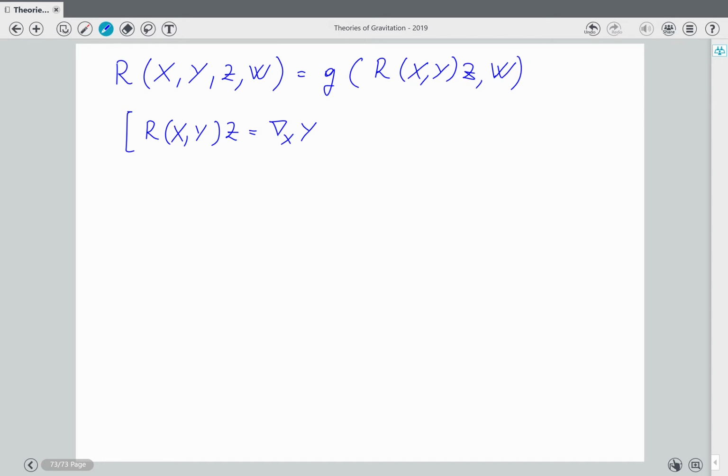Del X, del Y, Z minus del Y, del X, Z minus del of the commutator of X, Y, Z. Okay, so the Riemann tensor now is defined that way.